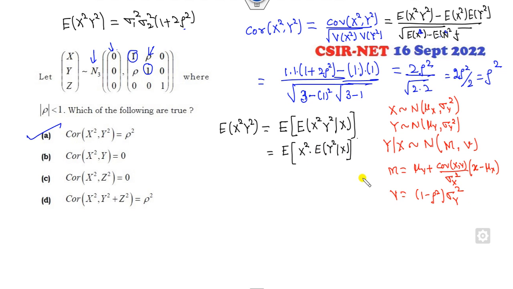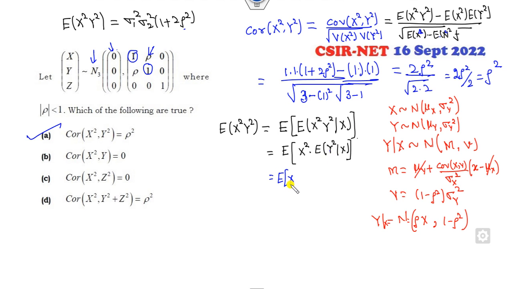Because the means are zero and the variance is 1, the covariance is rho. In this case the mean will be rho into x, and this follows the normal distribution.